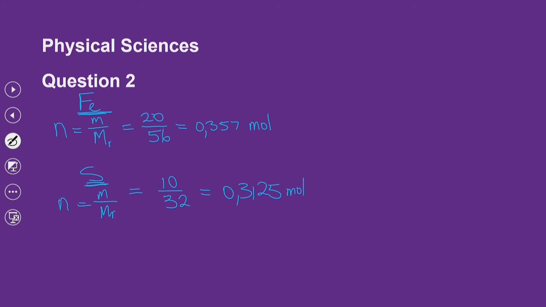Now, we said the mole ratio is 1:1. And where do we get this again? From the balanced chemical equation. So the mole ratio 1:1 means 1 mole of iron reacts with 1 mole of sulfur to form 1 mole of iron sulfide. That means the number of moles should be equal. Can we see what's happened here?